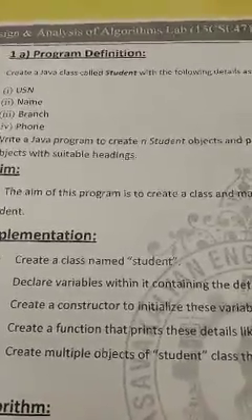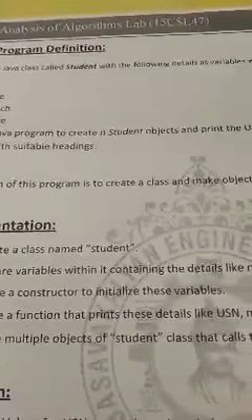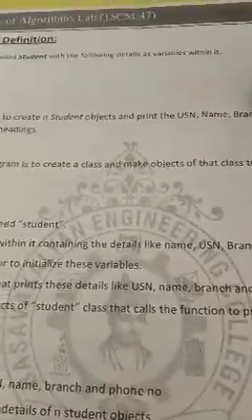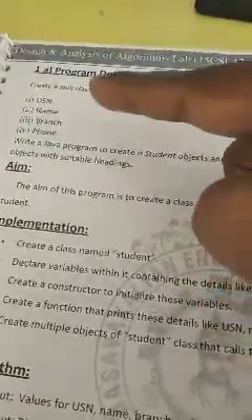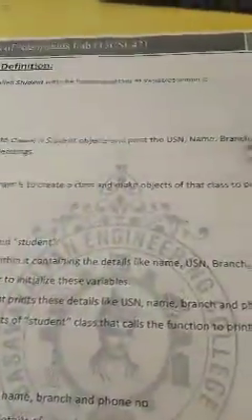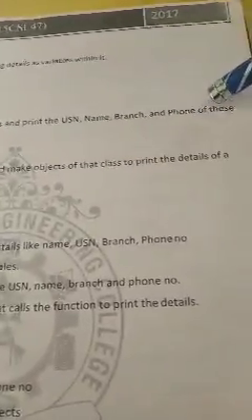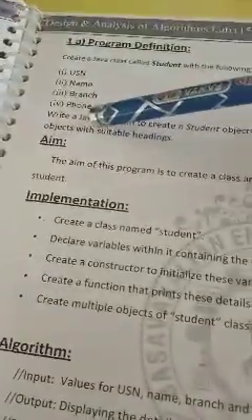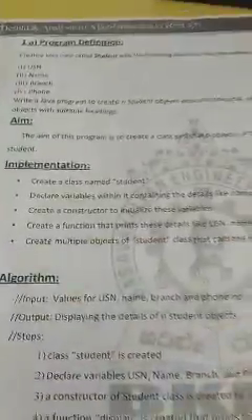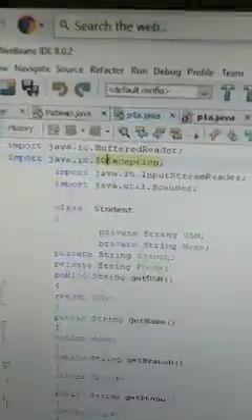Write a Java program to create n number of student objects, then print the USN, name, branch and phone of these objects with suitable headings. Now I write the program.